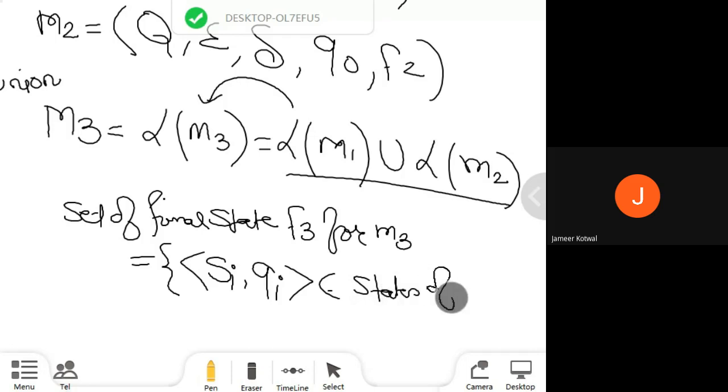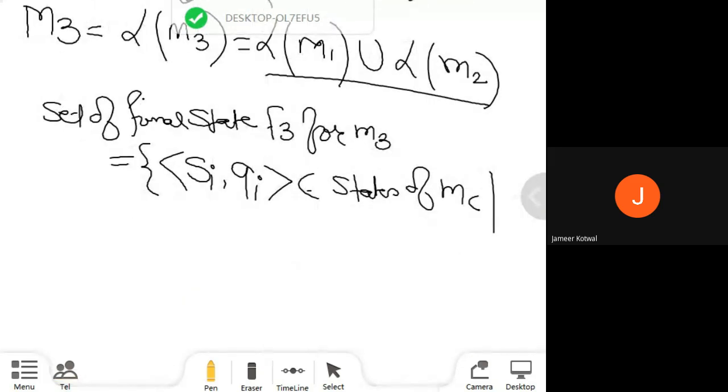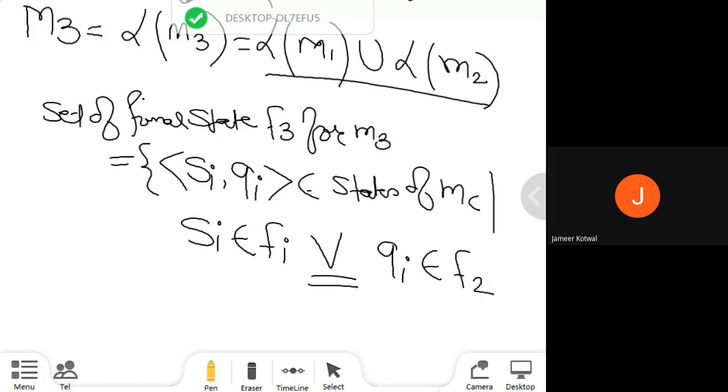The states of the machine, in that Si which belongs to the final state F1, or Qi which belongs to the final state F2.